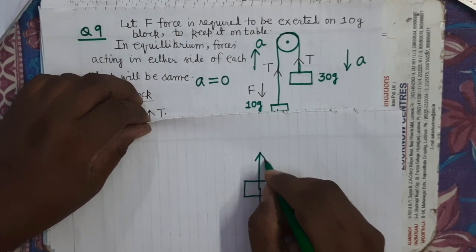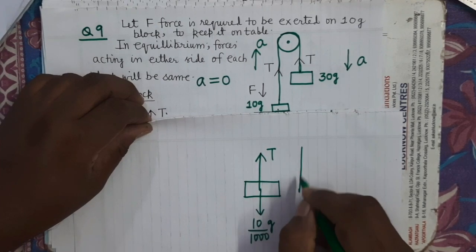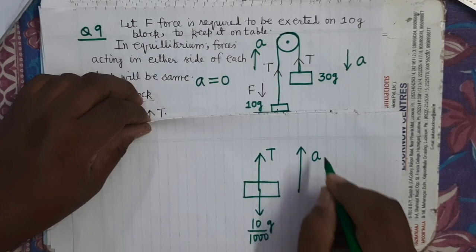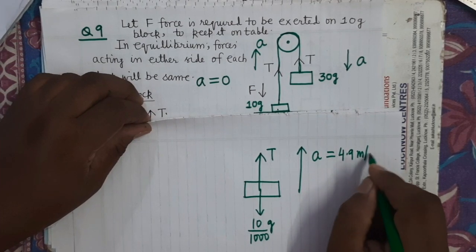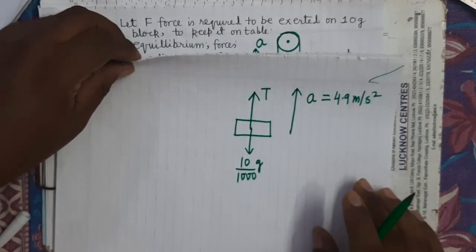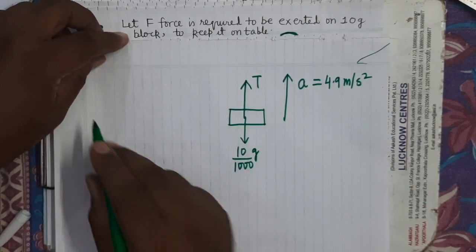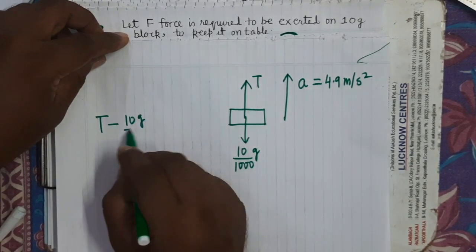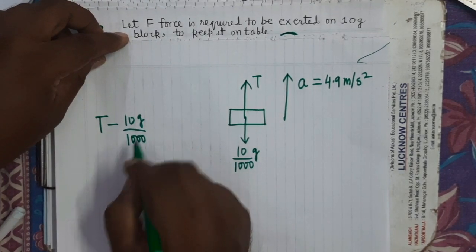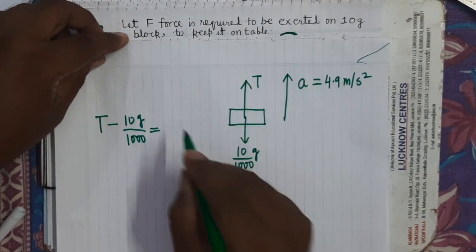The other is tension T, going upward with acceleration a, which you have calculated as 4.9 meter per second square. So which force will be bigger? T will be bigger. So the net force will be T minus 10 g upon 1000 equals its mass into its acceleration.